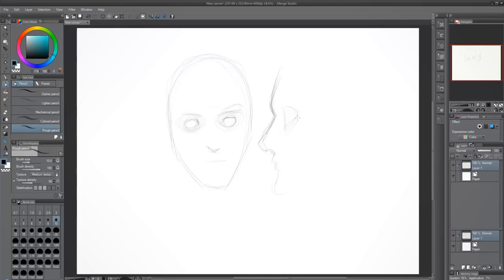You're thinking that, hey, there's a cheek that comes down here and goes around, right? And then here, there's going to be an eyeball within this area. And then, this is the top of the eye socket.